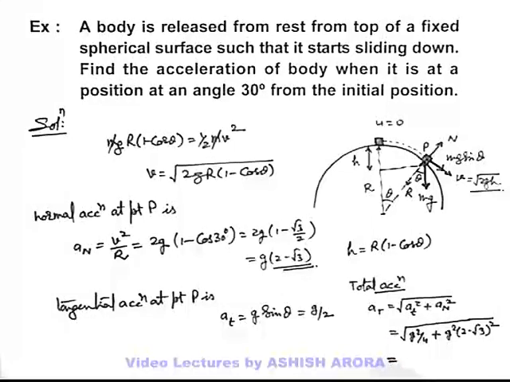If we simplify it, we can take g common out, and the remaining factor will be 1 by 4 plus 2 minus root 3 whole square. So this will be 4 plus 3 minus 4 root 3. So this will be the answer to our problem.